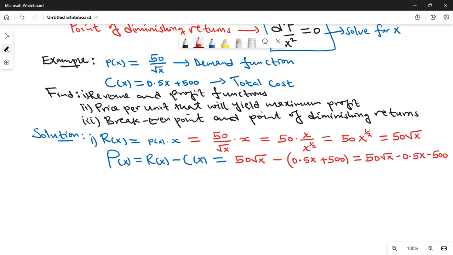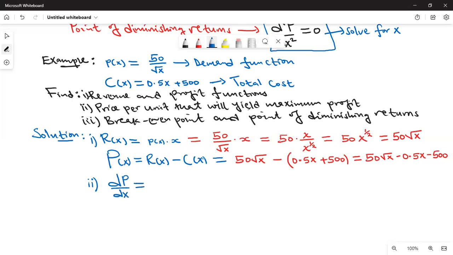Now, that is the first part. Second part, we need to find the price per unit that will yield maximum profit. So as long as we are talking of maximizing the profit, we must get the first derivative of the profit function with respect to X. So get dP/dx, differentiate the profit function.